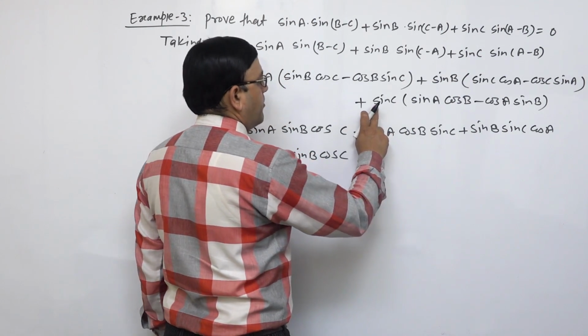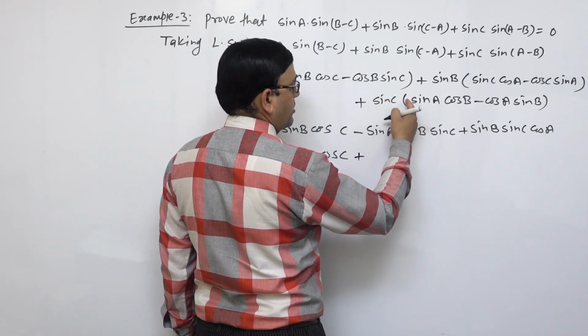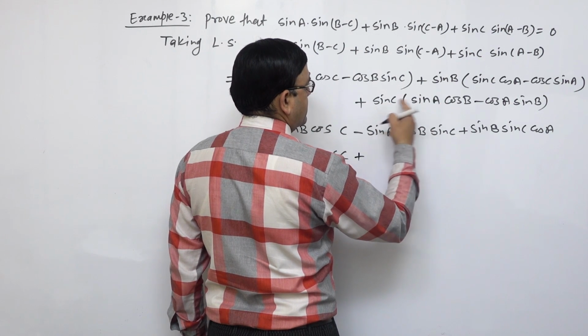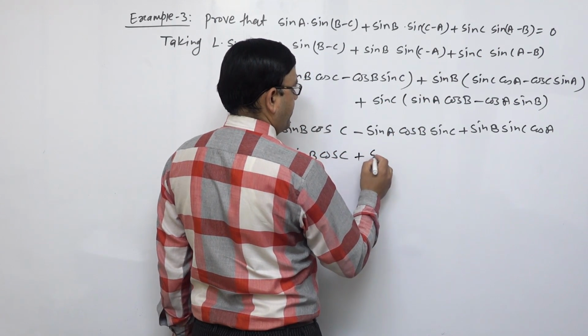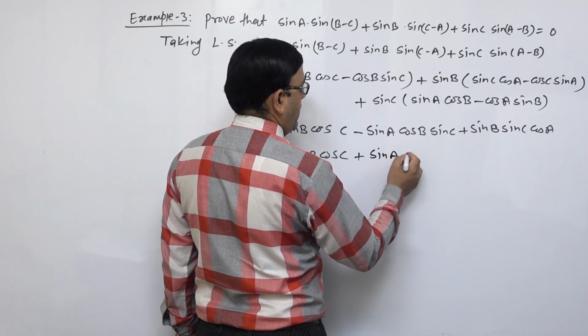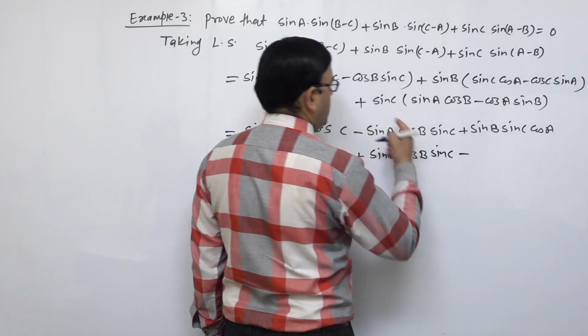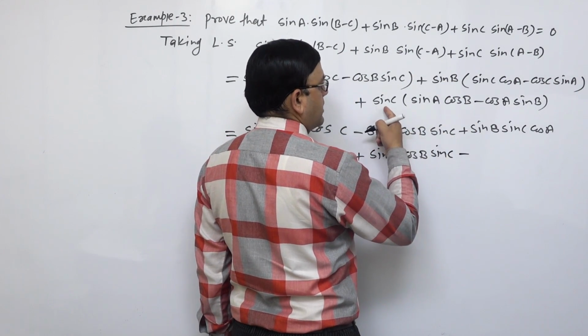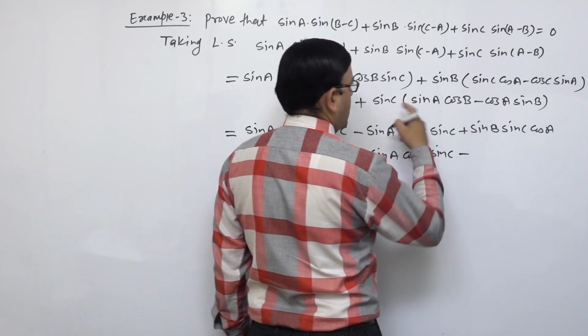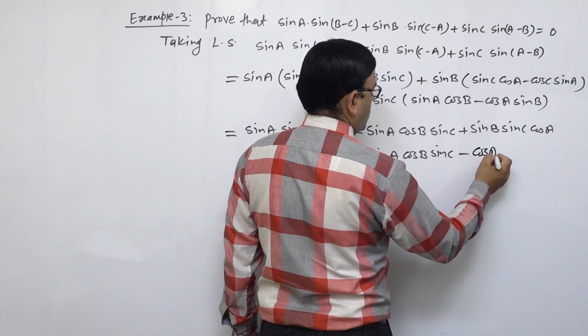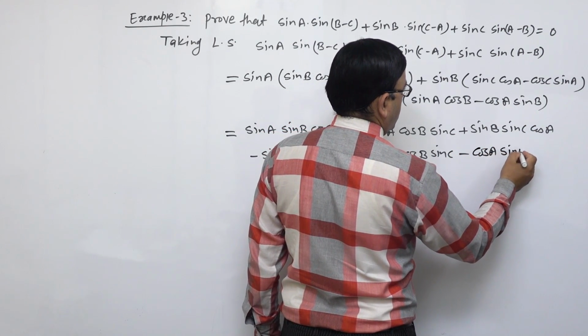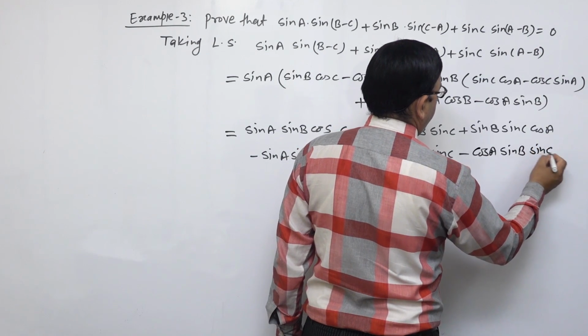Similarly here plus and plus became plus, sin A cos B sin C, sin A cos B sin C, minus, plus and minus became minus, sin C cos A sin B, cos A sin B sin C.